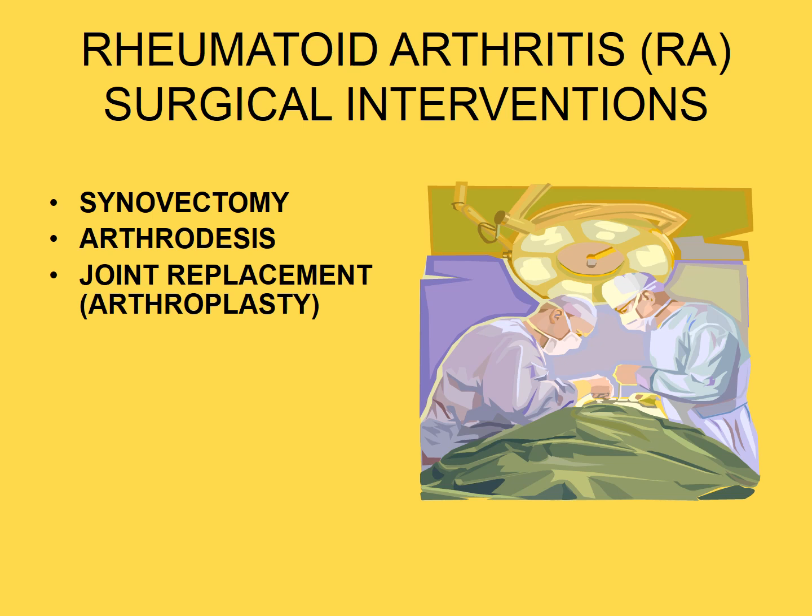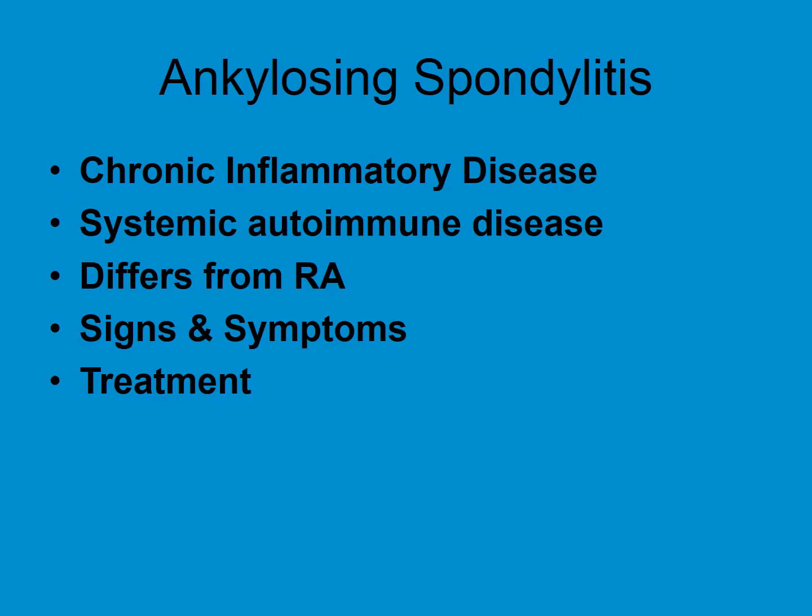So replacement of the diseased joint with an artificial joint. We generally do this to try to restore the motion to the joint and function to the muscles, ligaments, and other soft tissues. Next slide.